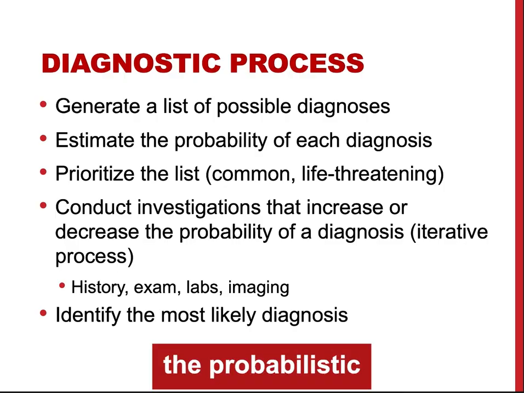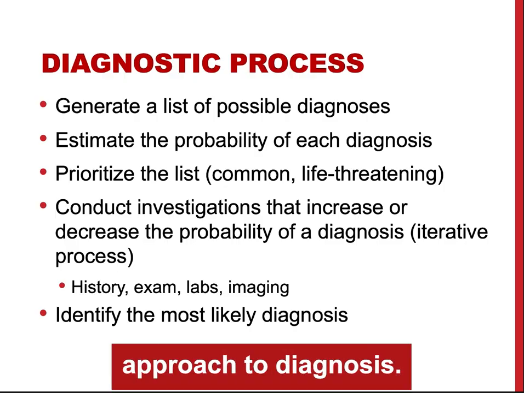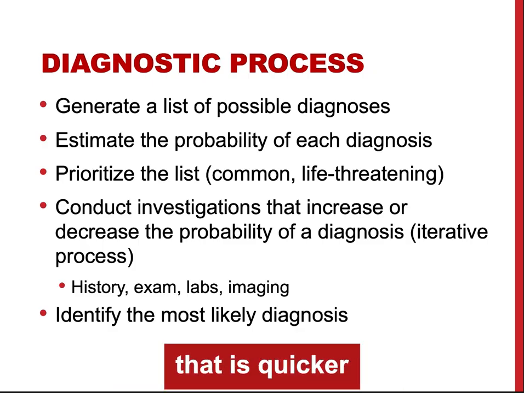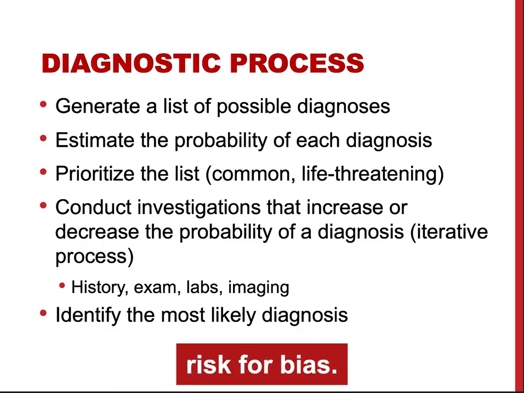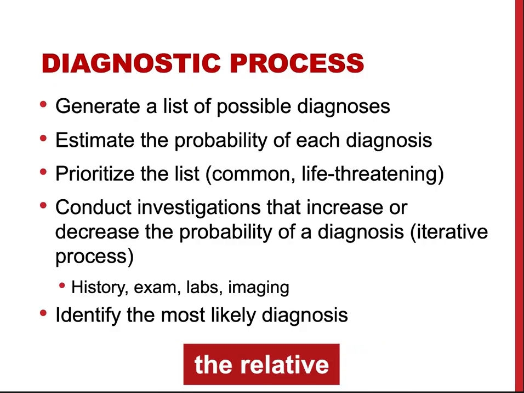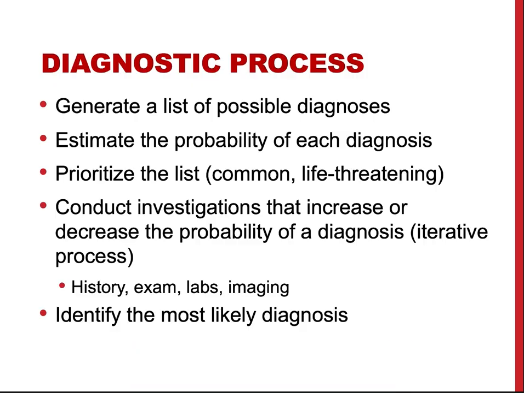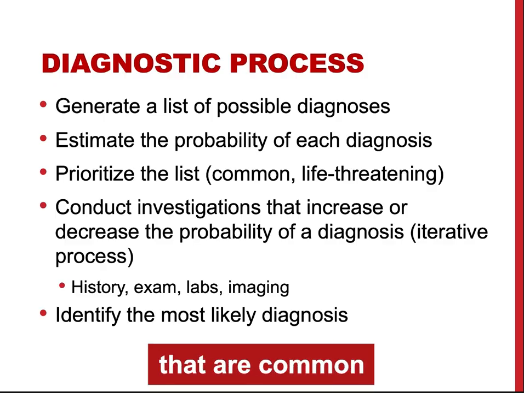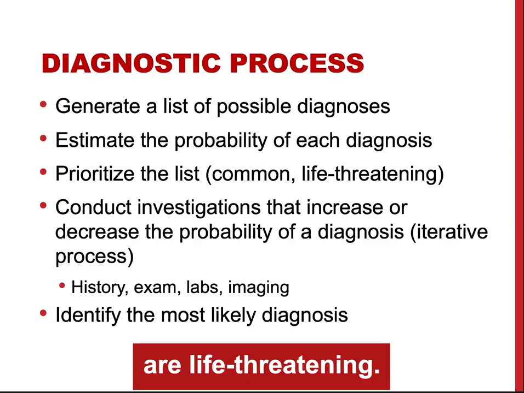This slide illustrates the probabilistic approach to diagnosis. This is in contrast with the intuitive or pattern recognition approach that is quicker but at high risk of bias. We start by generating a list of likely diagnoses and estimating the relative probability of each. We often prioritize this list by organizing them into those that are common or those that are life-threatening.